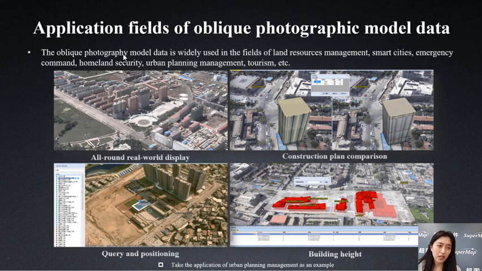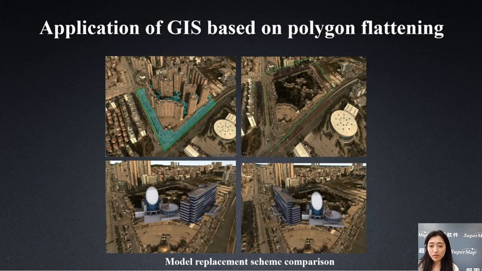So the oblique photography model data is widely used in the field of land resources management, and we could use it in so many industries.